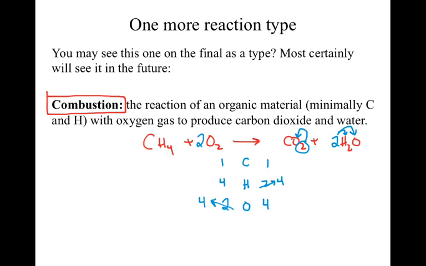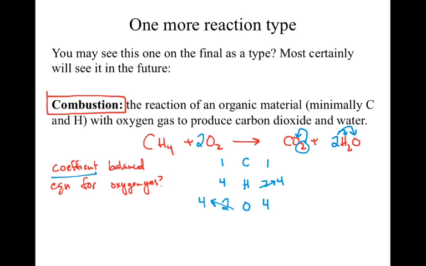Okay, the question that we could ask, let's go ahead and throw in a different one this time. What is the coefficient for the balanced equation for oxygen gas? Okay, well, the first thing you should do with this question is write down some information about this.